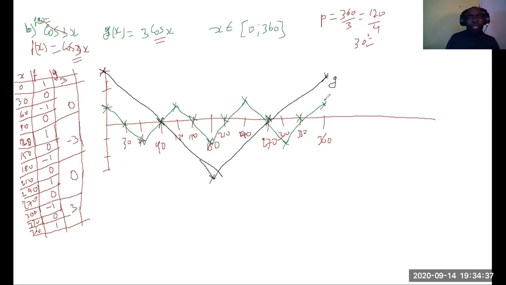Basically, we put 3 complete graphs in 360 degrees. So that is perfect. So the other one has been stretched, but this one has been compressed. We're able to see the stretch and the compression. All those are part of the modification.